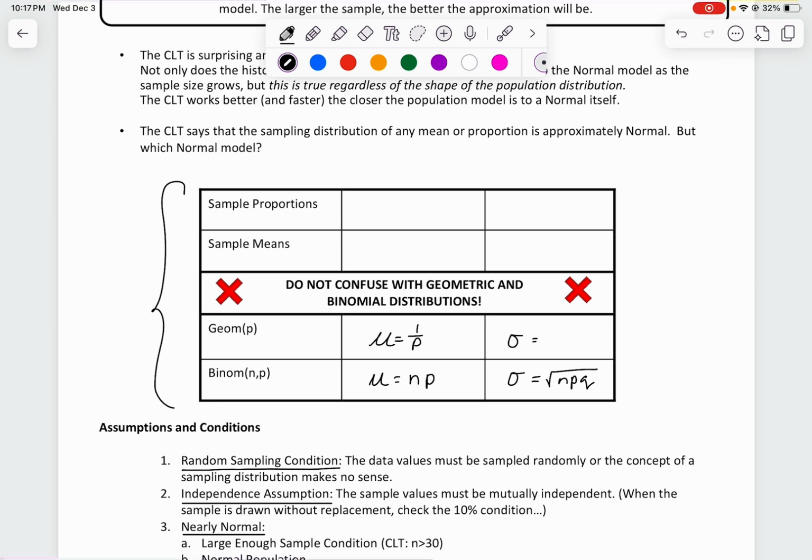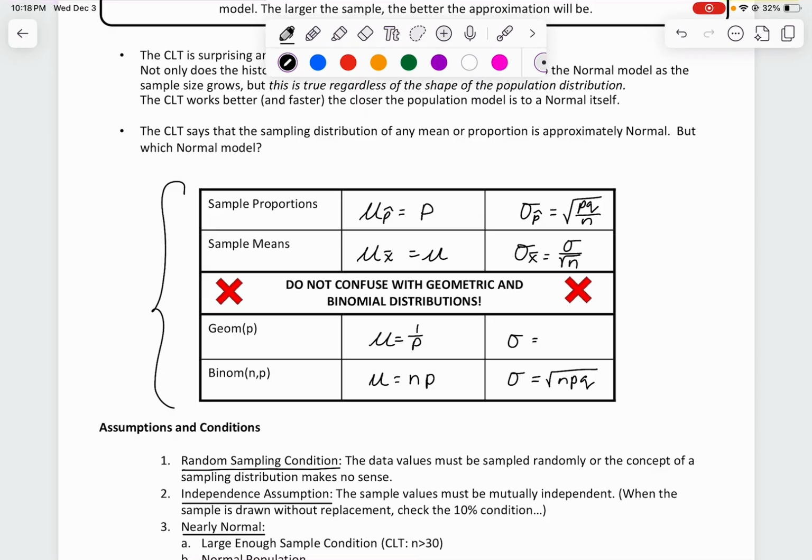But for the sampling distribution for sample proportions, we said mu for p hat is equal to p, and the standard deviation for p hat is the square root of pq over n. And now we have the sampling distribution for sample means. So mu x bar is equal to mu, and sigma x bar is equal to the standard deviation over the square root of n.